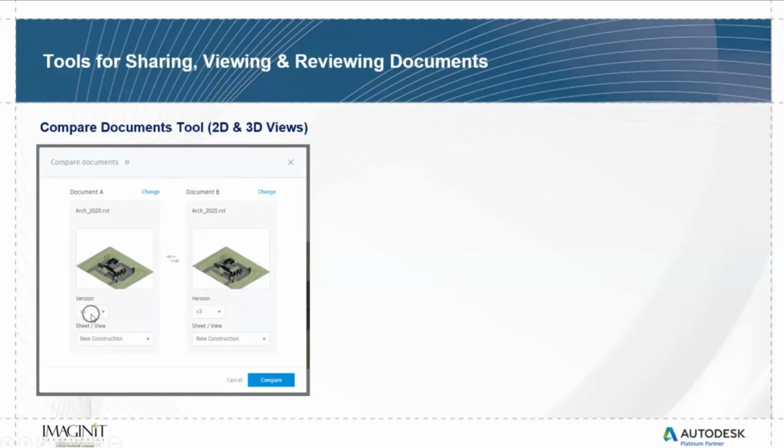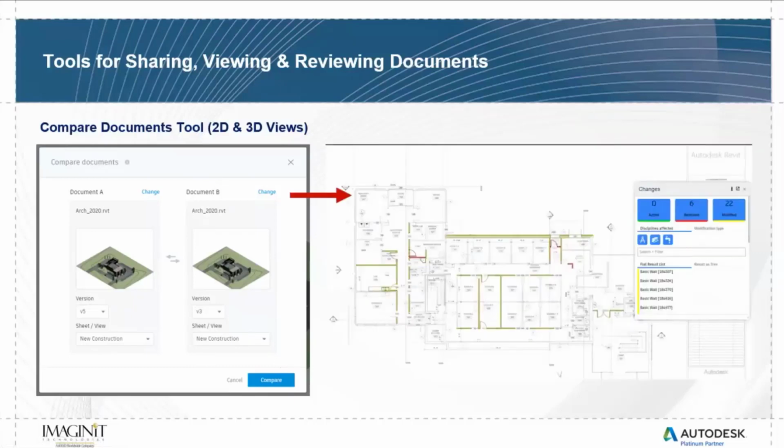We can say I want to compare, for example, version 5 and version 3 of this specific 3D view. Could be a 2D view as well. Once we hit the compare button for a 2D view, it will look like this, where you'll see any changes color-coded: anything added in green, anything removed or deleted in red, and anything just modified in yellow.